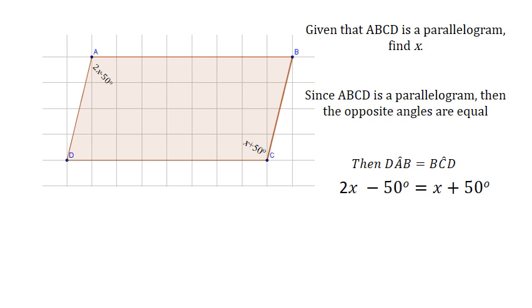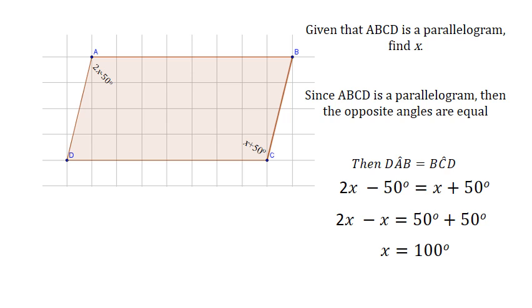But don't forget, everything we move from one side of the equal to the other, we will change its sign. So it will become 2x minus x equal 50 plus 50. Observe that we have changed the signs. Now 2x minus x is x and 50 plus 50 is 100. So x equal 100.